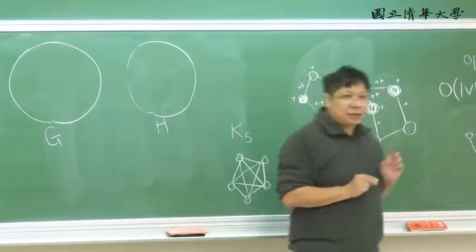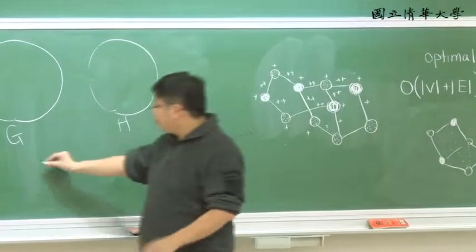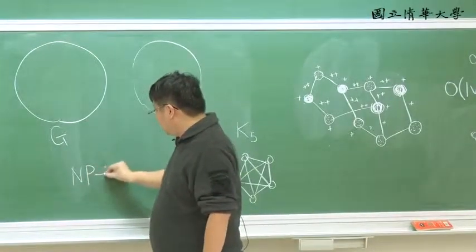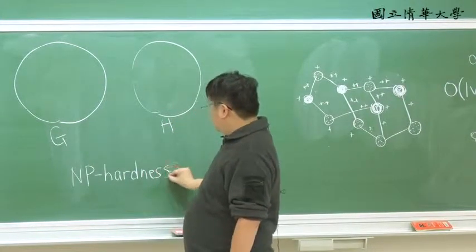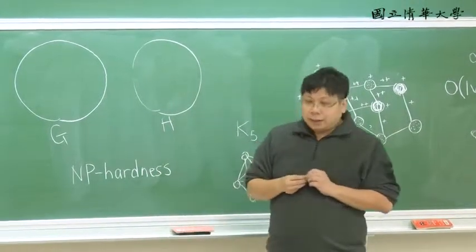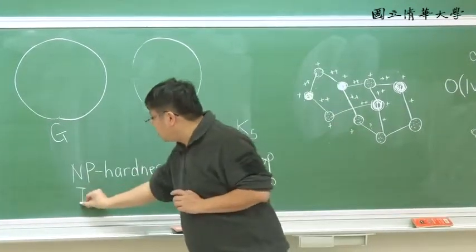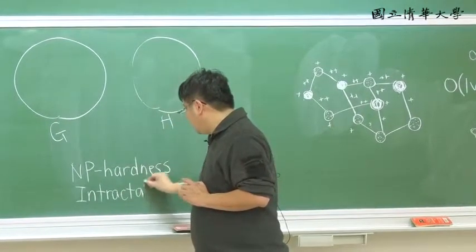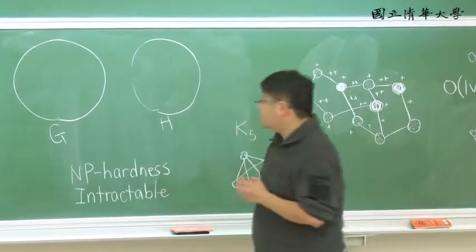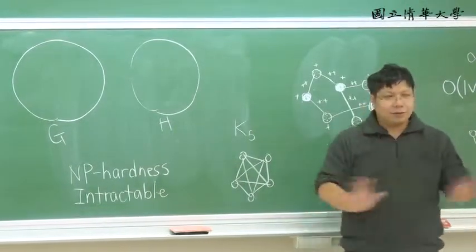If you are interested in knowing more about hard problems, check for the word NP hardness. Or you may check for the word intractable problems on the internet. Intractable means you cannot easily solve it.